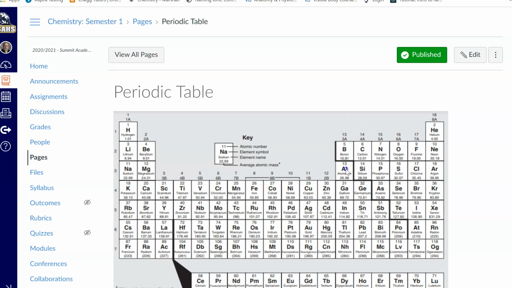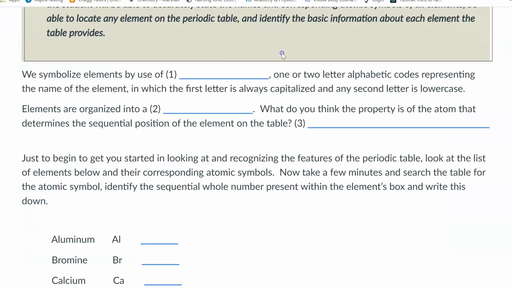So the symbol for aluminum is Al, the symbol for mercury is Hg, for iridium is Ir, and so on. And so atomic symbols is what goes in the answer there, and you can just hover over this yourself as well. And then elements are organized into, of course, the periodic table. So that's what goes in that answer there.